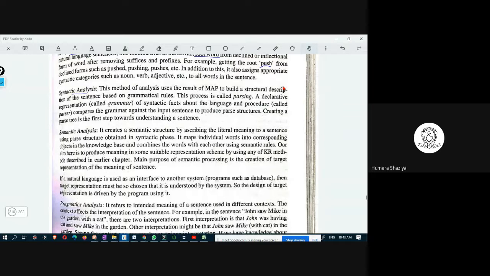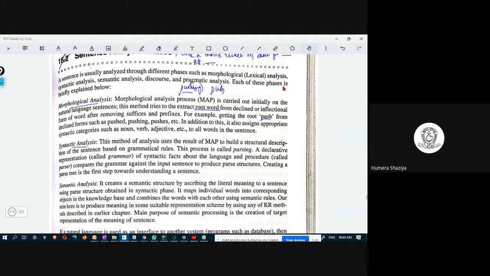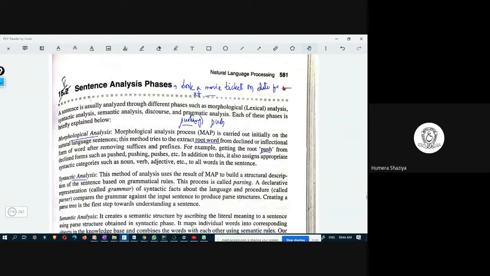understanding the grammatical rules. Suppose there is a sentence. Here the sentence is, consider, book a movie ticket. This has a subject, there is a predicate, subject, verb, adjective.